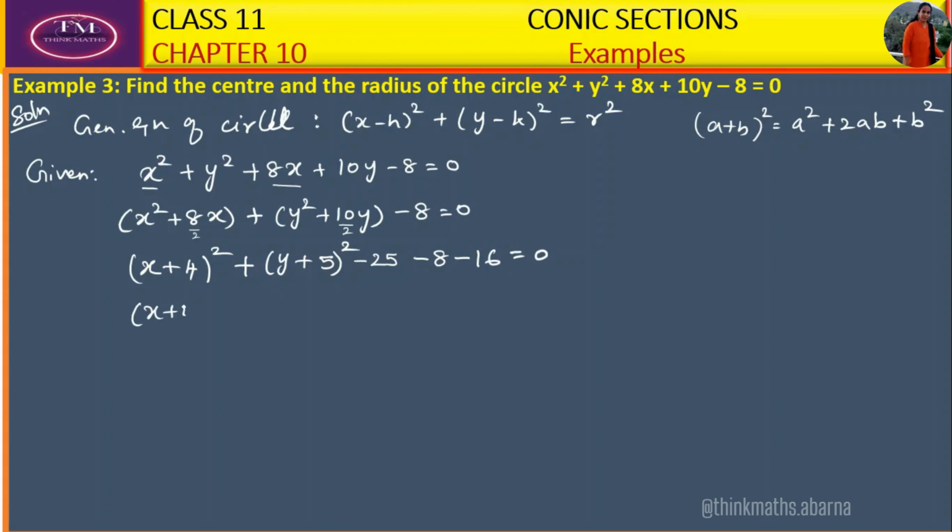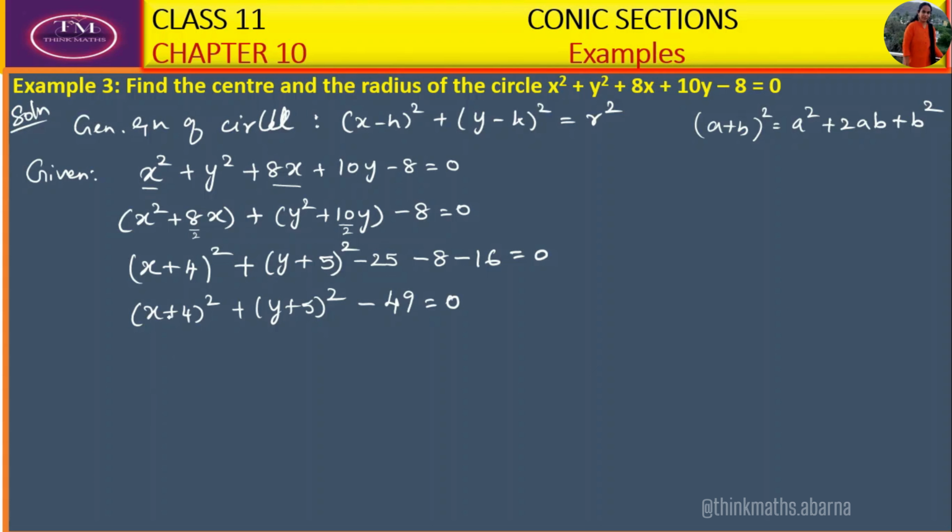It is x plus 4 the whole square plus y plus 5 the whole square. Now if we calculate this, minus 25 minus 16 minus 8 will give you minus 49 equal to 0. Now we need x minus h whole square.